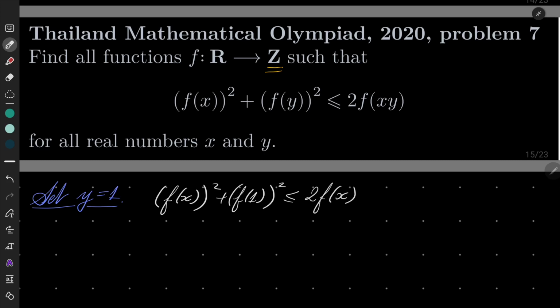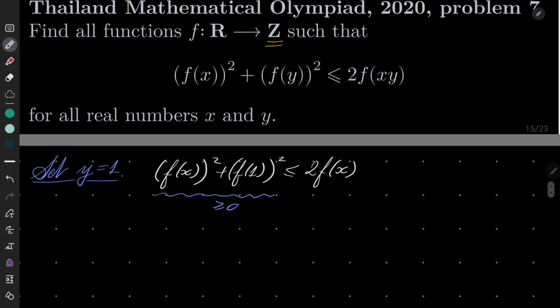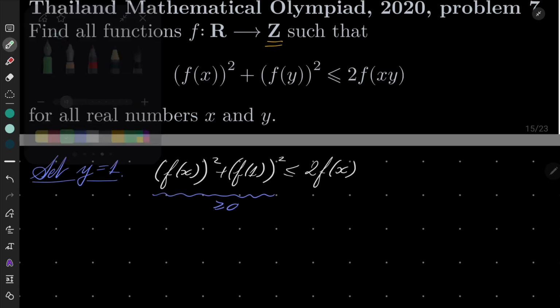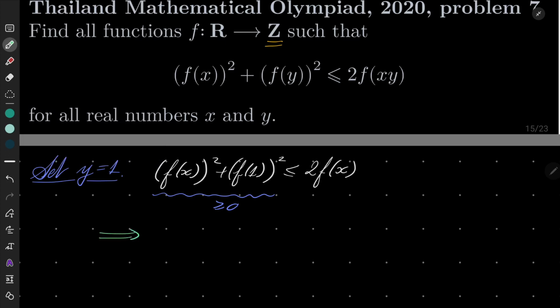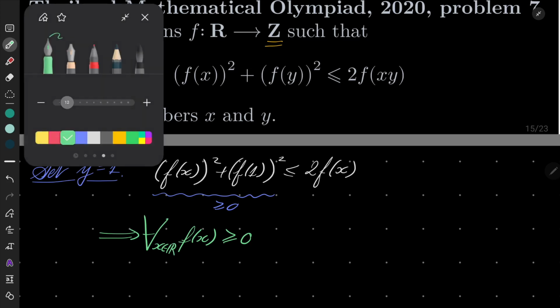And obviously, the left-hand side is non-negative, which means that f of x must also be non-negative for every real number x. So in other words, function f cannot attain any negative value.